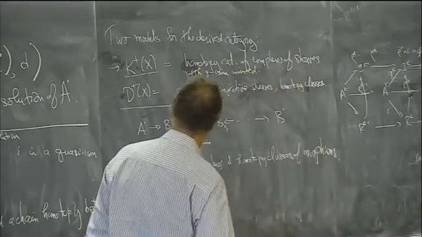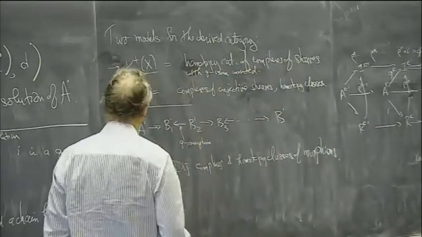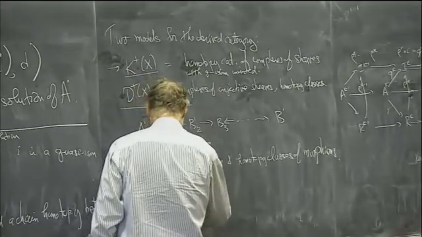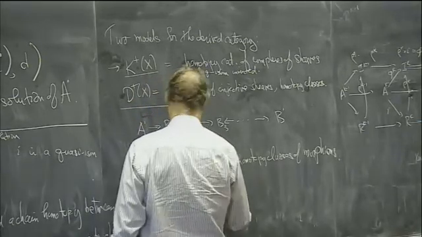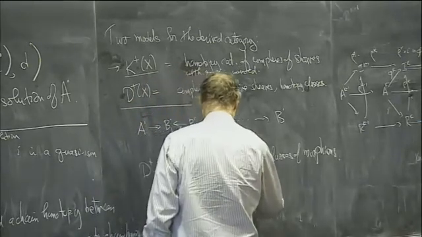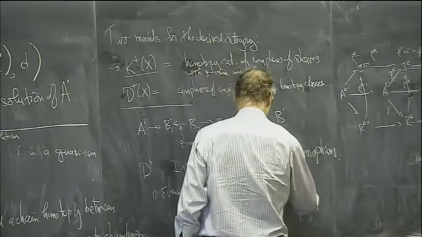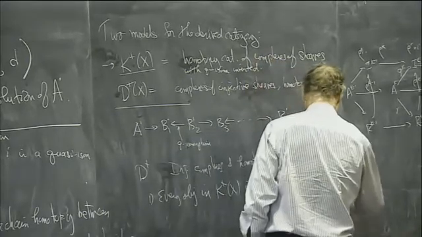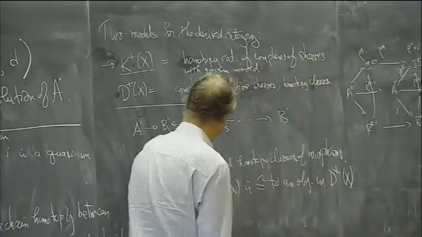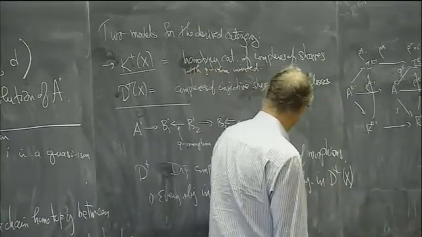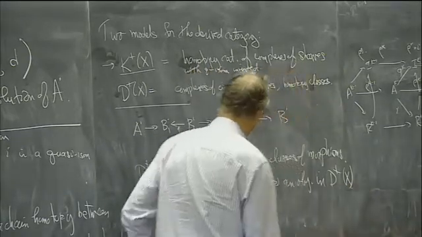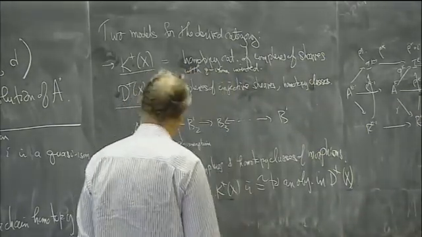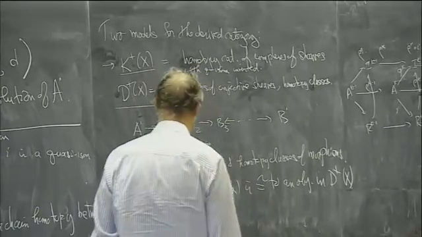And the claim is that these are equivalent or isomorphic, I'm not sure what the word is, categories. So every object in K plus of X is isomorphic to an object in D plus of X. That's the statement that every complex of sheaves has an injective resolution. It's quasi-isomorphic to an injective. And so quasi-isomorphisms now become isomorphisms because they formally have an inverse.